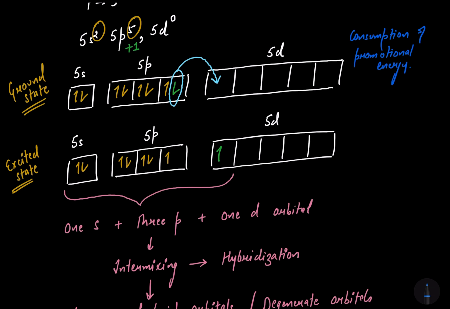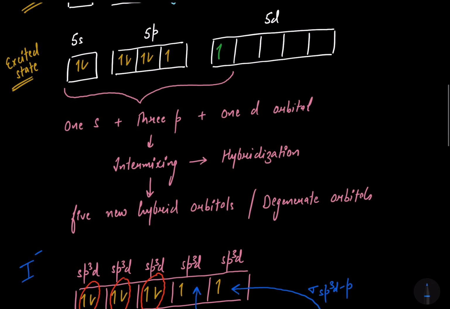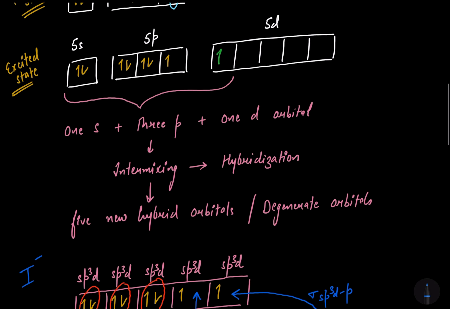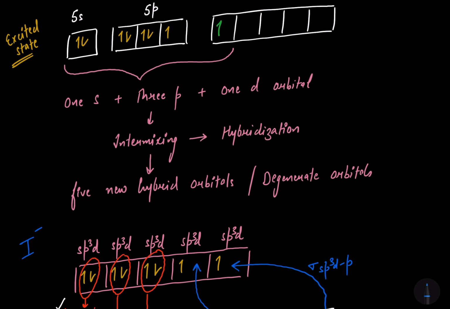That is the energy required to promote the electron from 5p to 5d. Now, here is the intermixing of 5 atomic orbitals, the 1s, 3p and 1d. So here also energy is required, and the energy required for intermixing of atomic orbitals is called the hybridization energy.